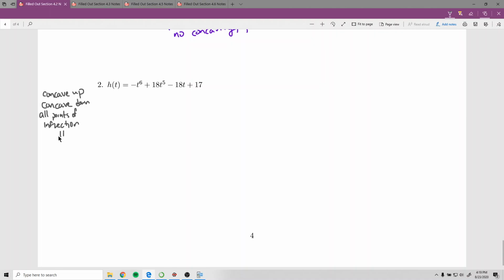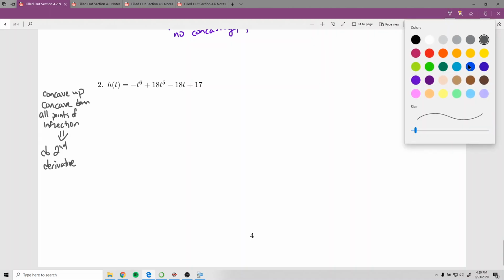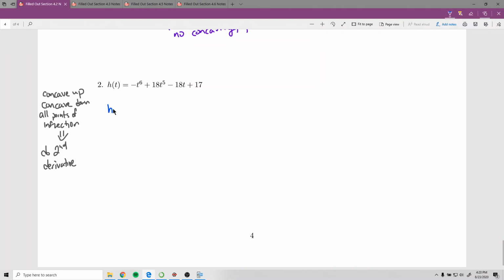Well, all this stuff is telling us to do the second derivative. And this is an example specifically chosen so that if you were to do the first derivative, you actually would not be able to solve the equation that comes out.